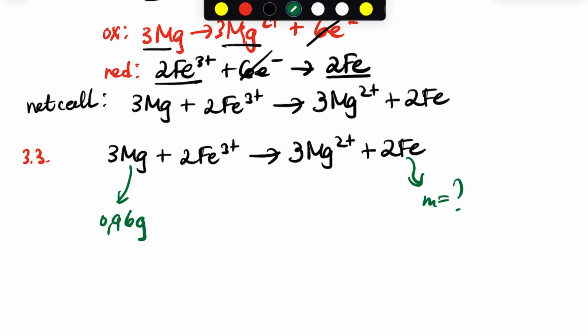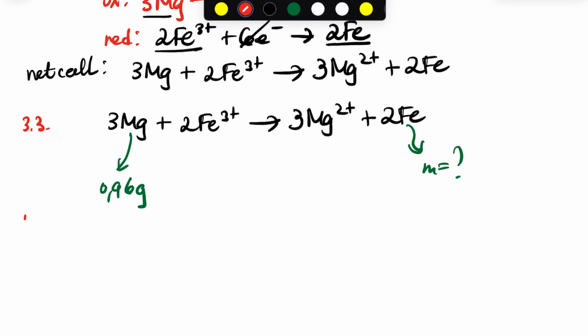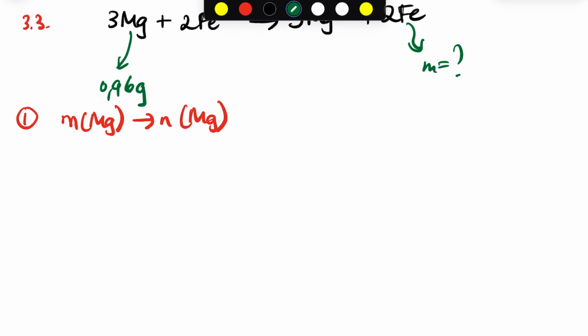The first thing that we're going to do, step number 1, is change the mass change of the magnesium to the number of moles of magnesium. So let's do that. The number of moles of magnesium is equal to mass over molar mass.